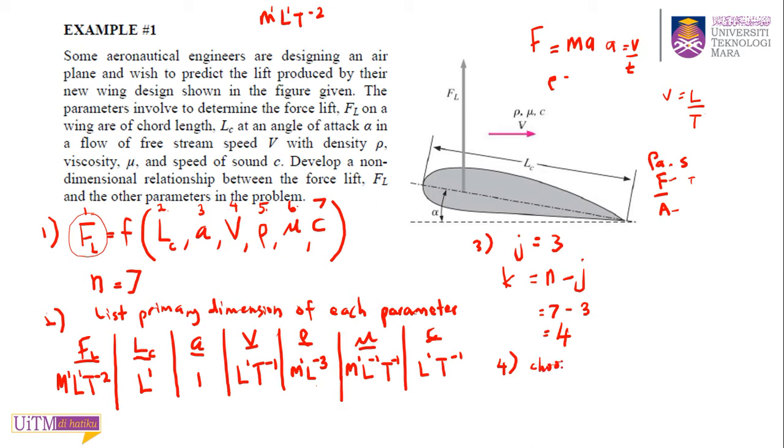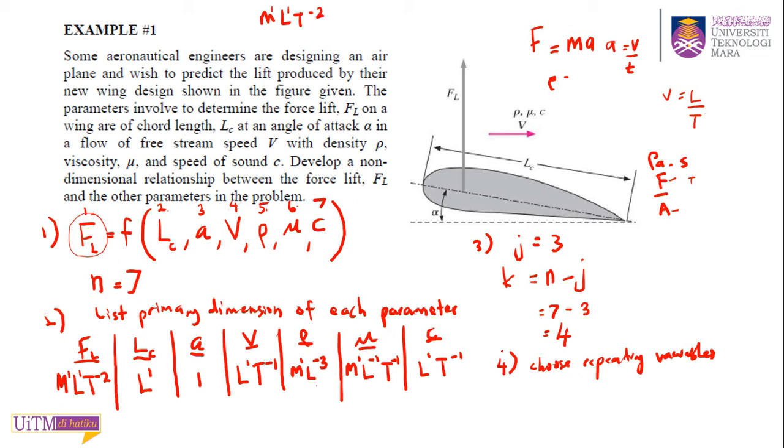Choose repeating variables. Okay, how many variables do we need to choose? There are 7 here, right? 1, 2, 3, 4, 7.